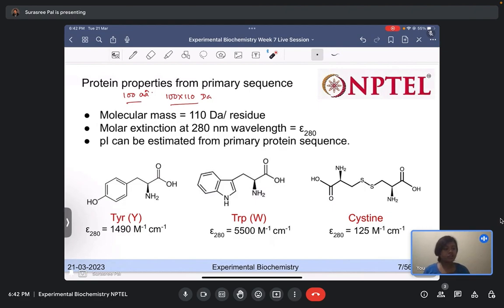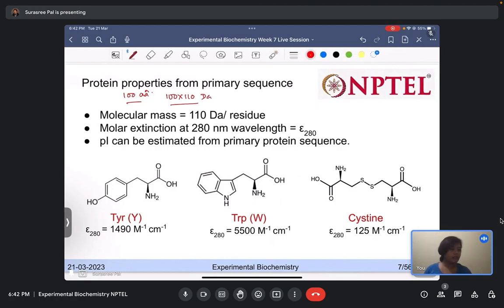So because of this, tryptophan is the amino acid which is responsible for giving the most absorbance at 280 nanometer wavelength. So if a protein has tryptophan residues, they will absorb UV light at 280 nanometer wavelength, and by this we can calculate the concentration of the protein sample.